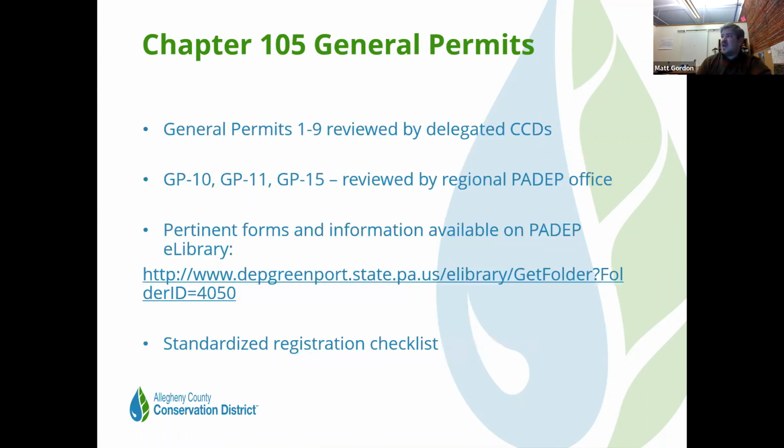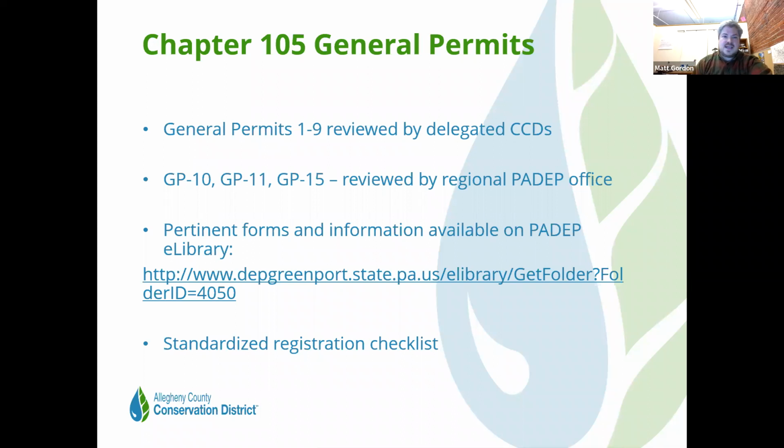General permits 1 through 9 are reviewed by delegated county conservation districts. Just quickly, the GP1 is fish habitat, 2 boats and launching ramps, 3 bank rehabilitation, protection, gravel bar removal.